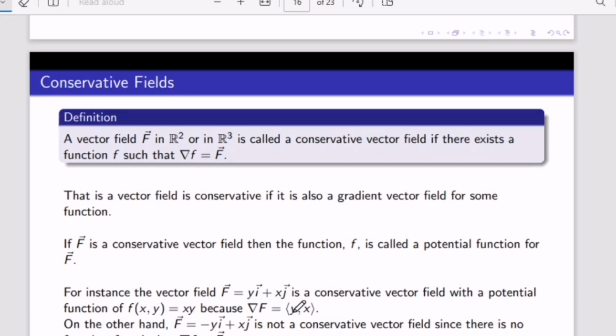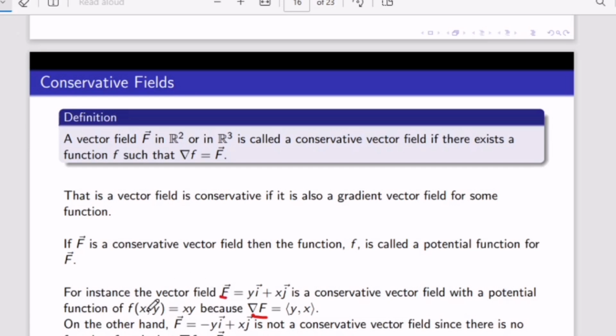So the difference between the vector field and the gradient vector field: the gradient vector field is represented by del f, but with a vector field, you are finding the gradient and adding i plus j.